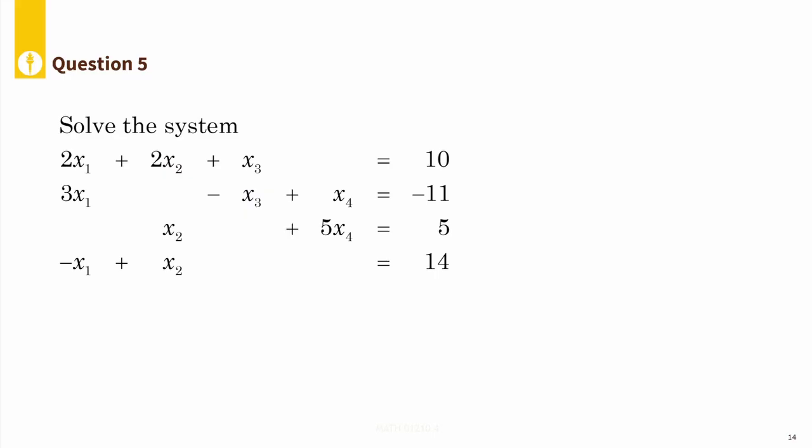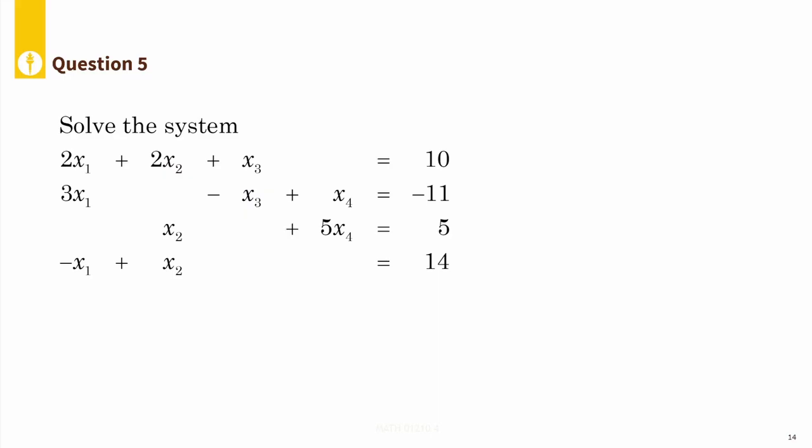And really hope this doesn't give me something hideous like it did by hand. So coefficient matrix. First row 2, 2, 1, 0, right?